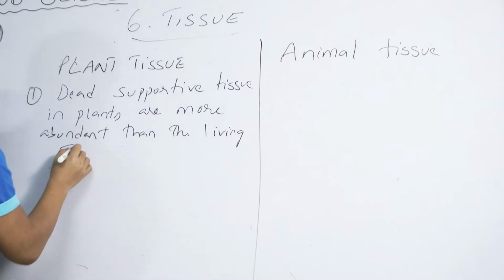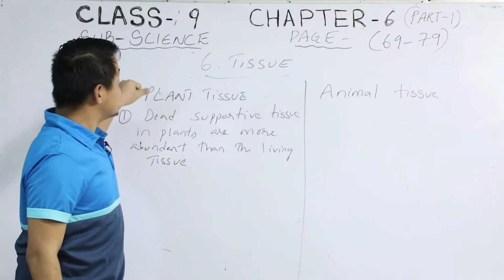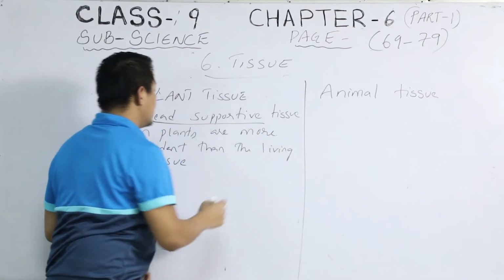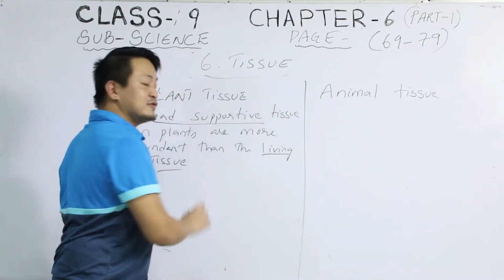Than the living tissue. See, this is the first point, that under the plant tissue, the dead supportive tissue in plants are more than the living tissue, okay?